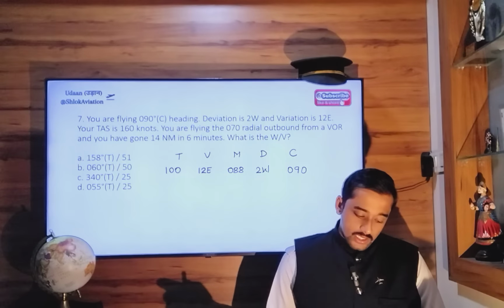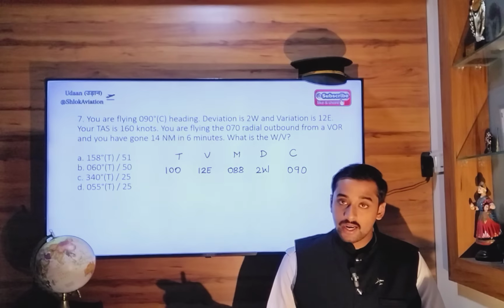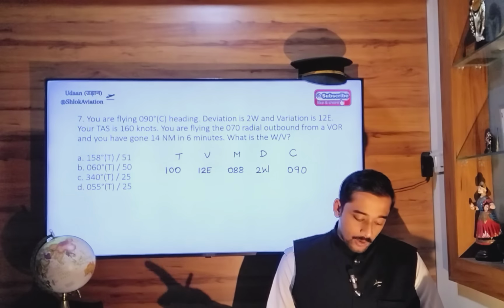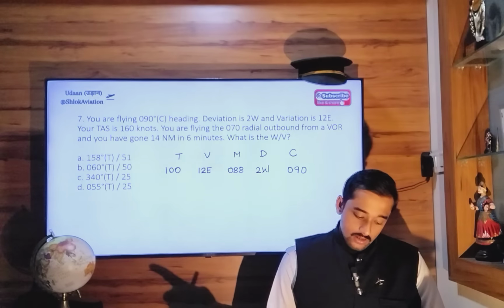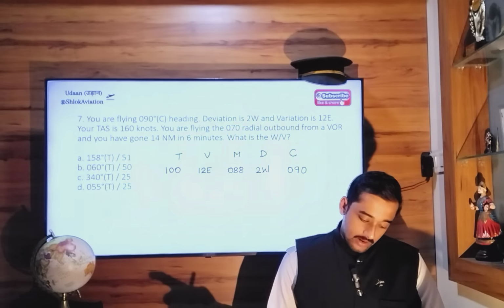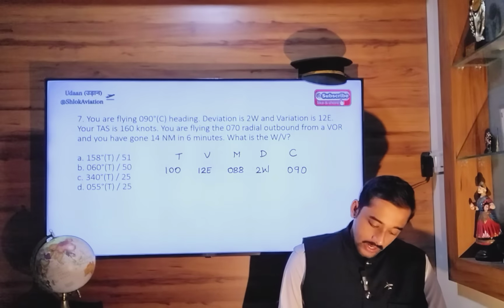Your TAS is 160 knots. You are flying 070 radial outbound, and you have gone 14 miles in 6 minutes. What is the wind velocity? Over here you have true heading.